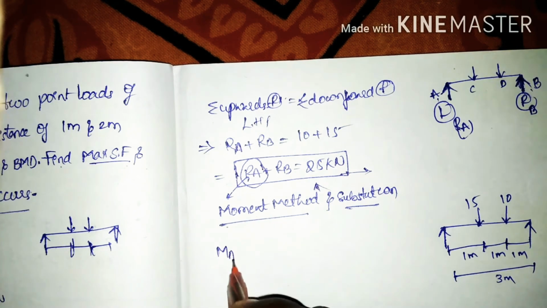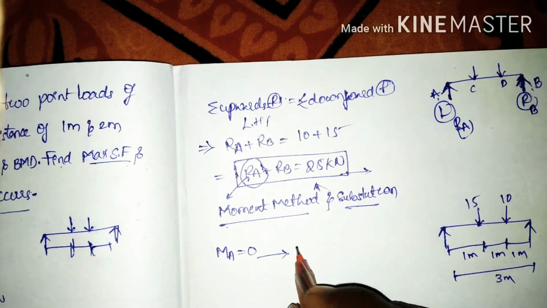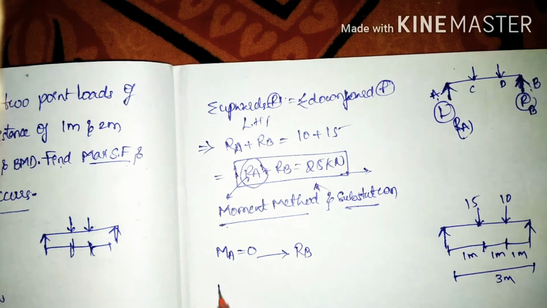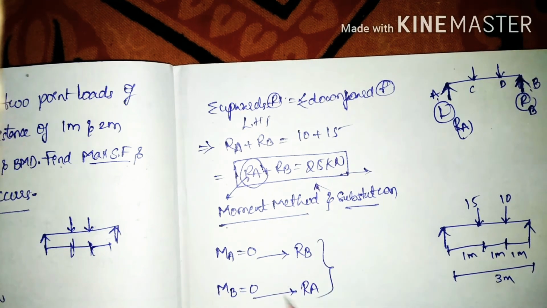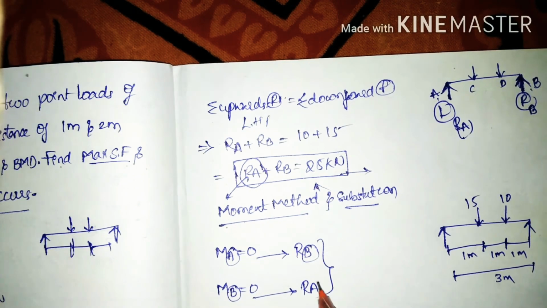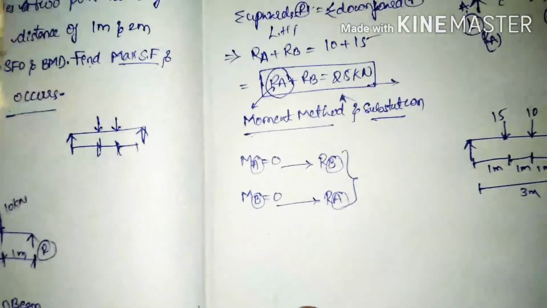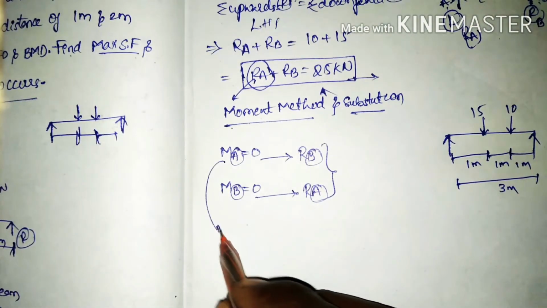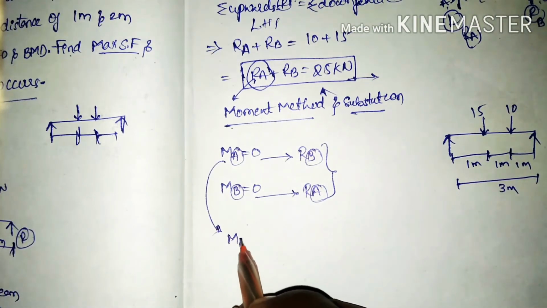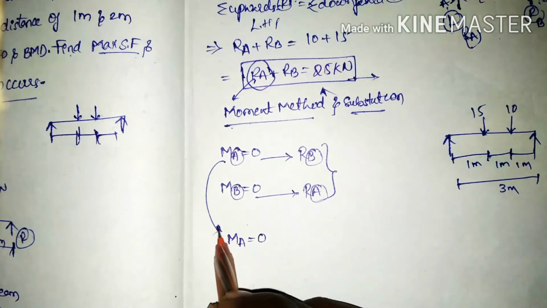If I take the moment about A is equal to 0, then I am going to find the reaction RB. If I take the moment about B is equal to 0, I am going to find the reaction RA. Here it is A, here it is going to be B. If it is B, we are going to find the reaction of A. Simply, I am going to take the moments for moment about A is equal to 0.